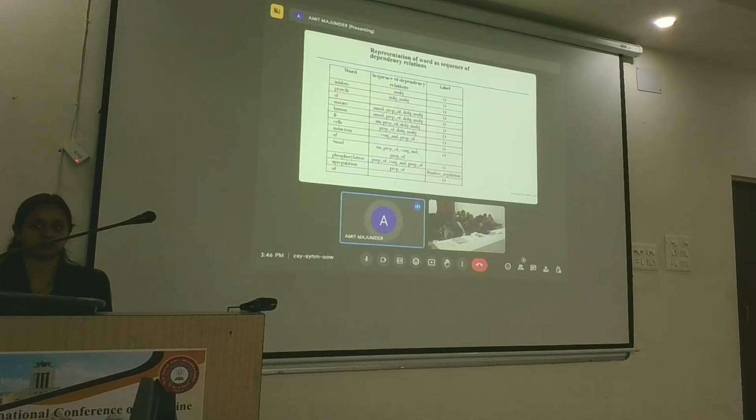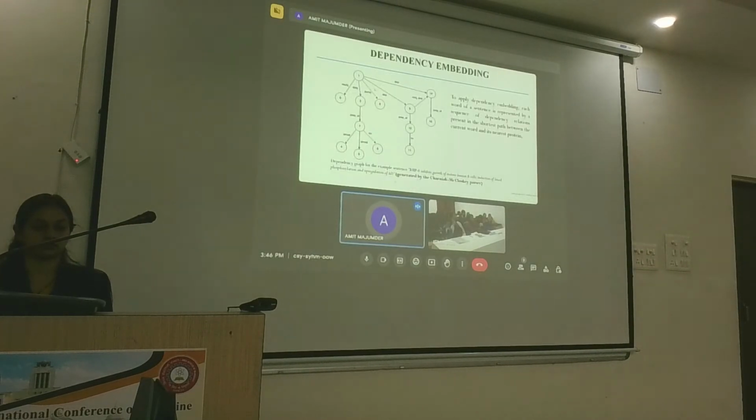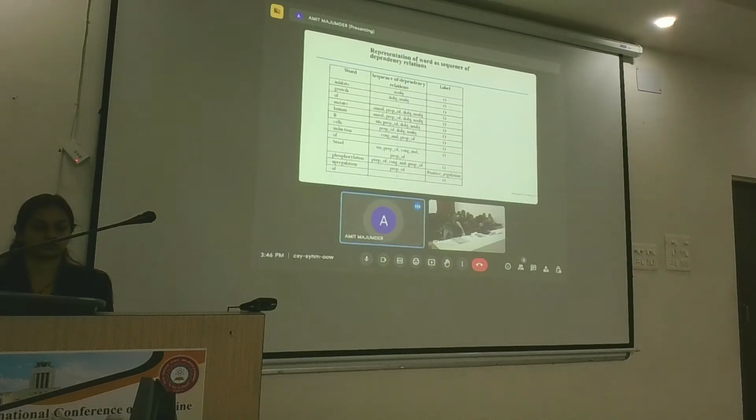For every word in an example sentence, we find a sequence of dependency relations from the dependency graph, and from this we build a dictionary of different dependency relations, and then we embed that information.